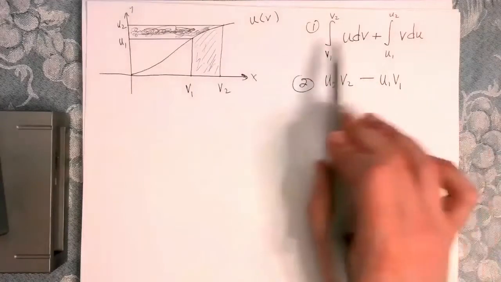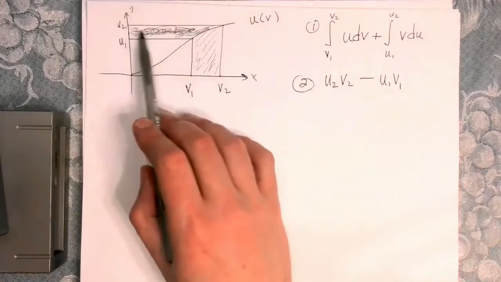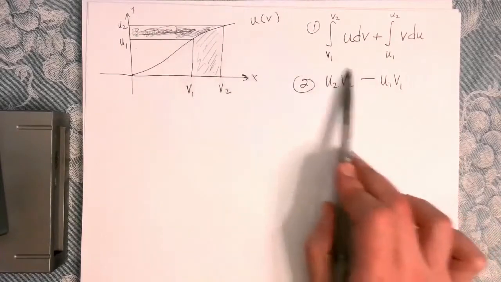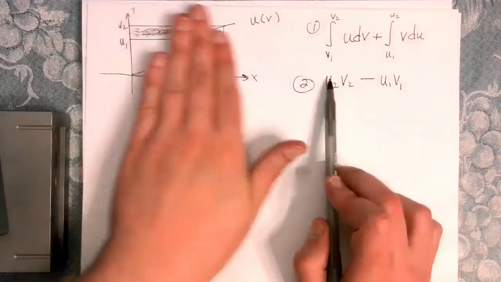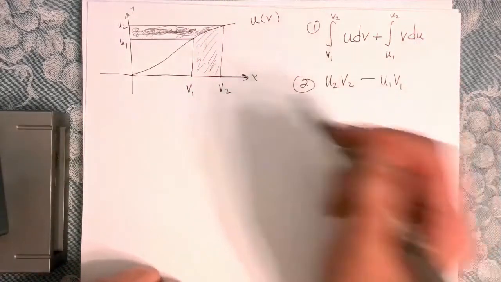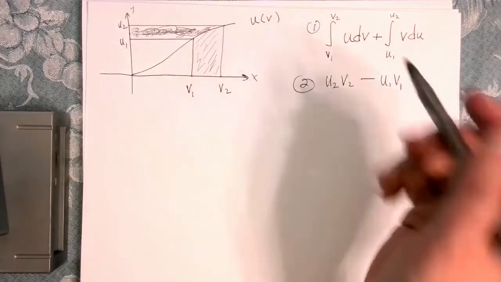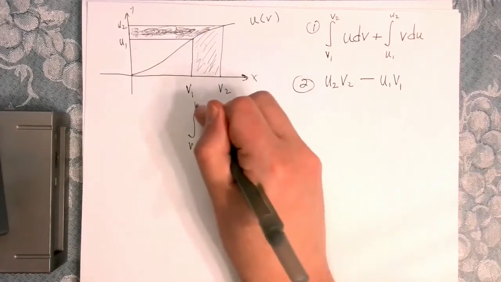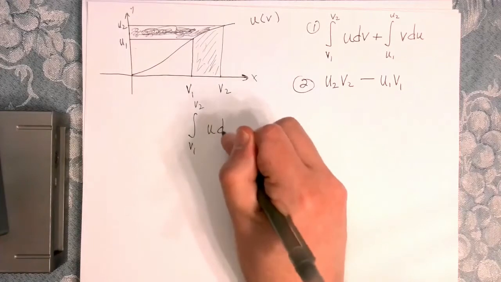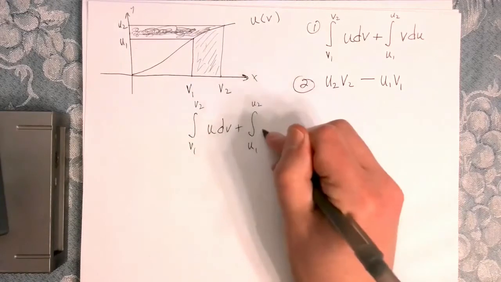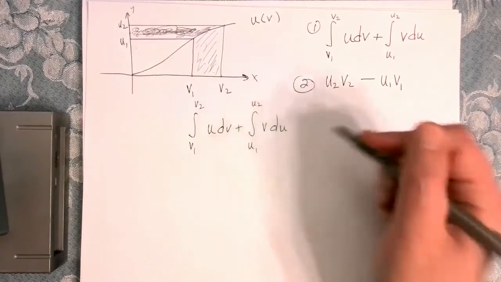Okay, so both of these are talking about the same area, right? So this talks about this plus this, and this talks about filled in minus this. So of course they must be equal, so we can equate them. So equating 1 and 2 gives us the following. We've got the integral from v1 to v2 of u dv plus the integral from u1 to u2 of v du.